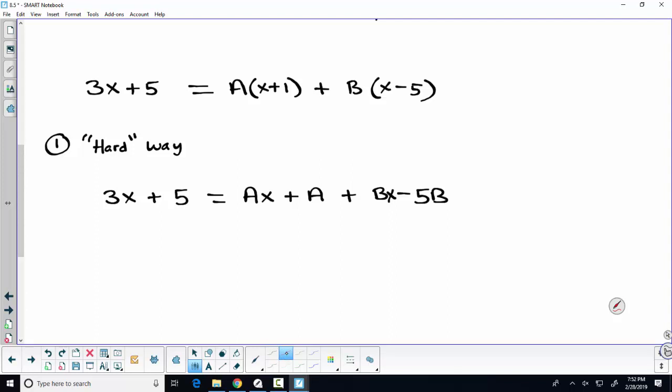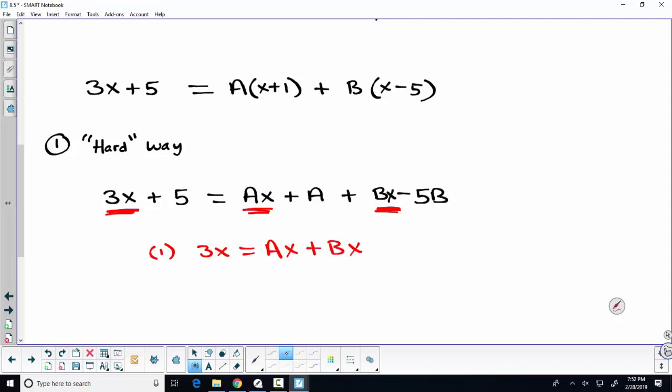Over here we had 3x, so we have to equate that with the terms that have x's in them on the right hand side, the ax and the bx. We'll call this equation 1: 3x equals ax plus bx.